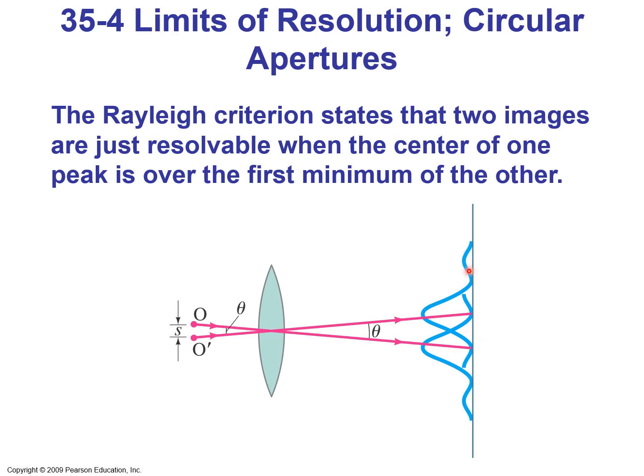And we can resolve these two centers when the peak of one of them is happening at the minimum of the image of the other source. That's the distance which defines the Rayleigh criterion for resolving two objects, or defines the resolution of this optical system.